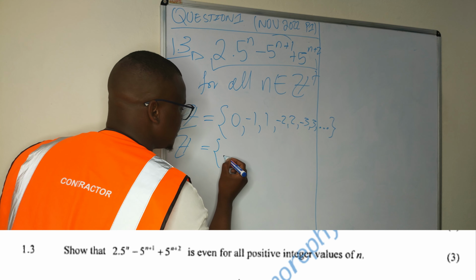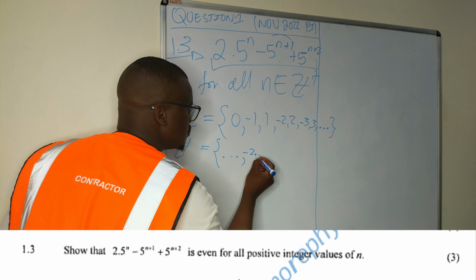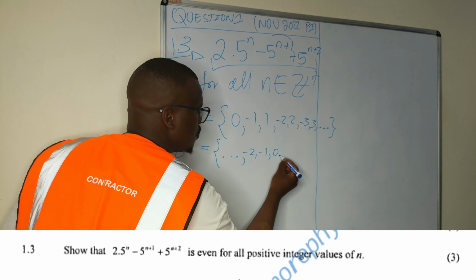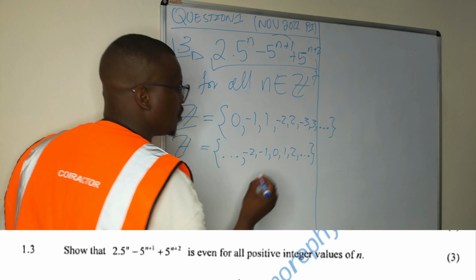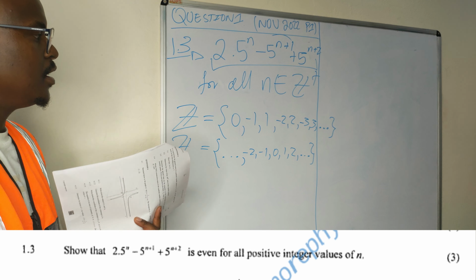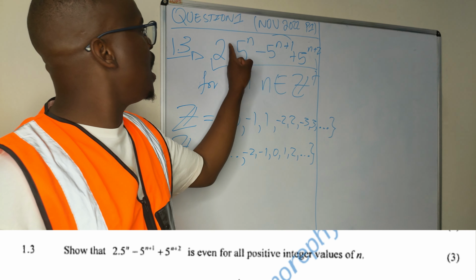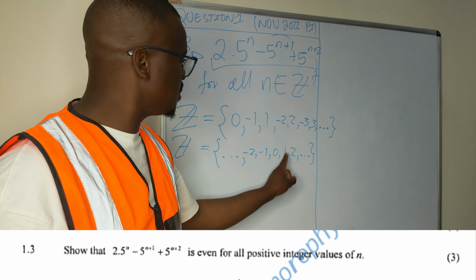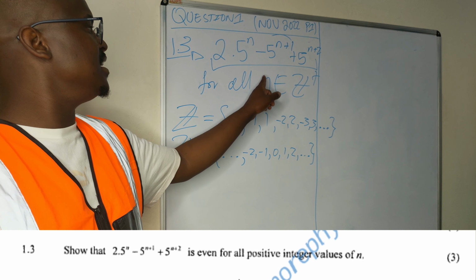Or some people write them like this. They say, okay, they are coming from the smallest to minus 2, minus 1, 0, 1, and 2, and so on. This is how some people write them. So these are integers. So they're saying for all your integers that are positive, which is from 1 going to that side, this is even.